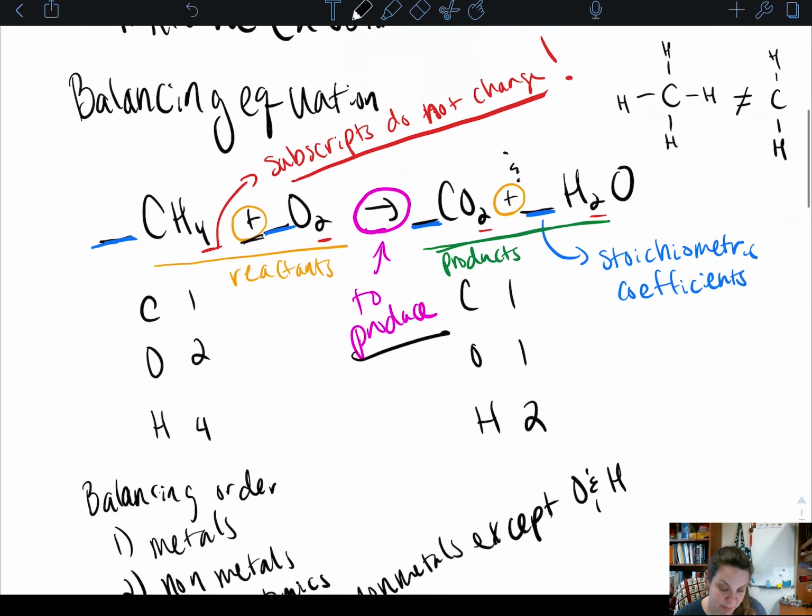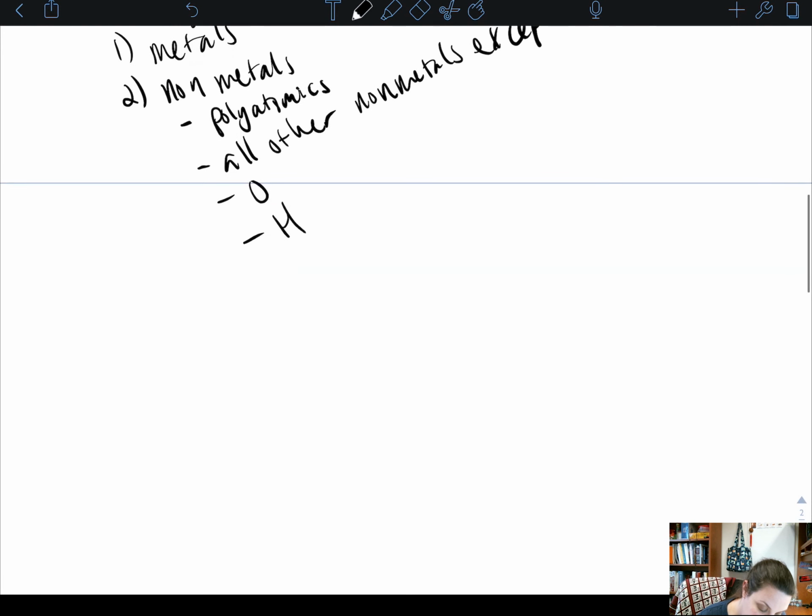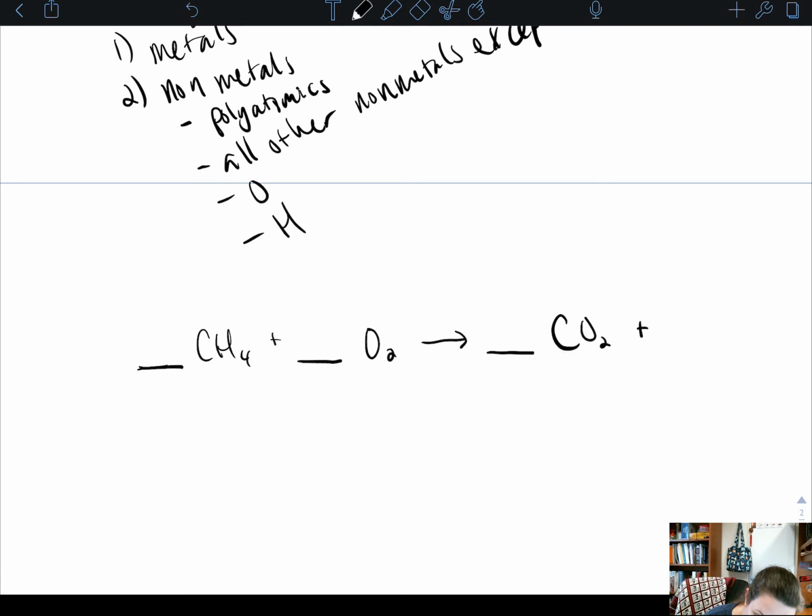So let's try it up here, and I'm actually going to rewrite this down here. So we've got CH4 plus O2 reacts to produce CO2 plus H2O.